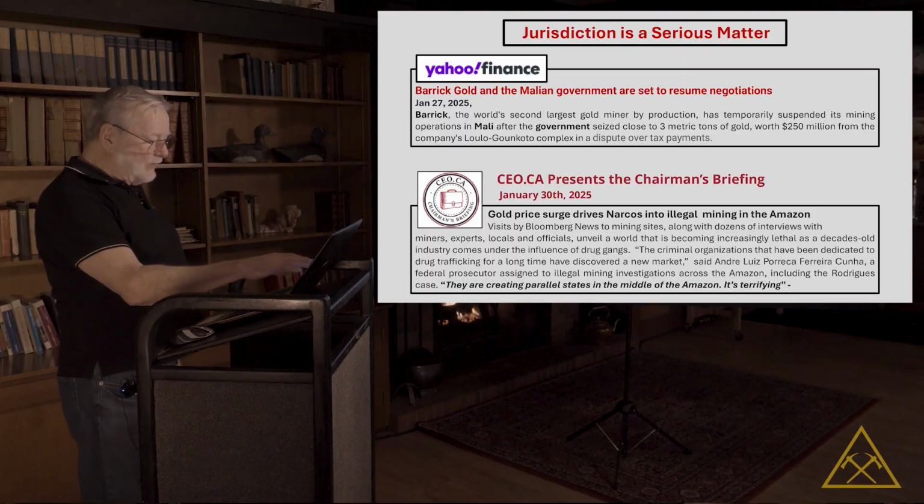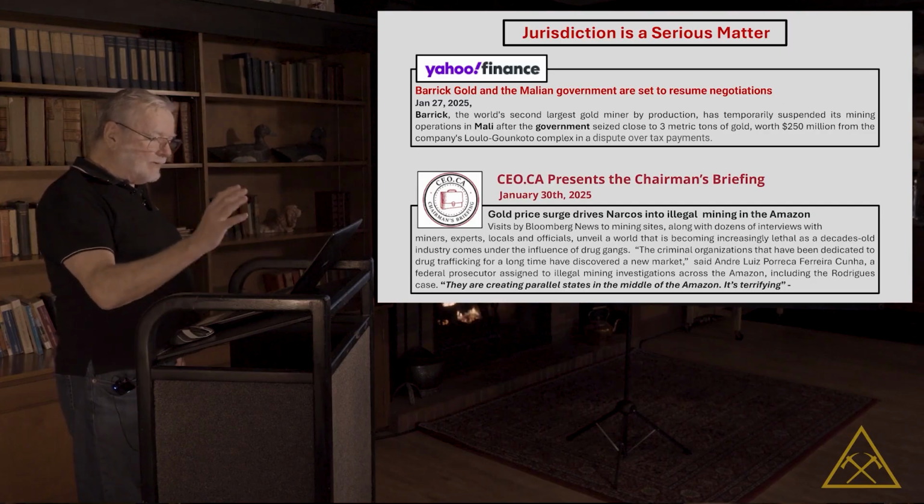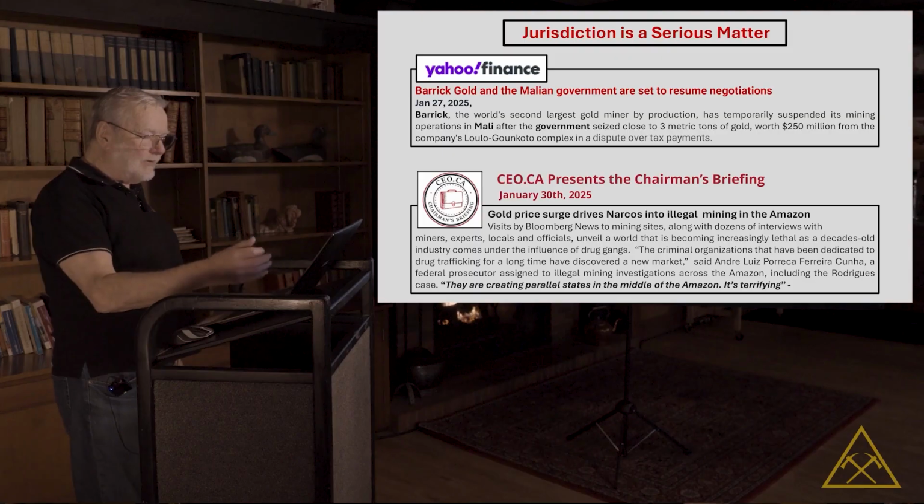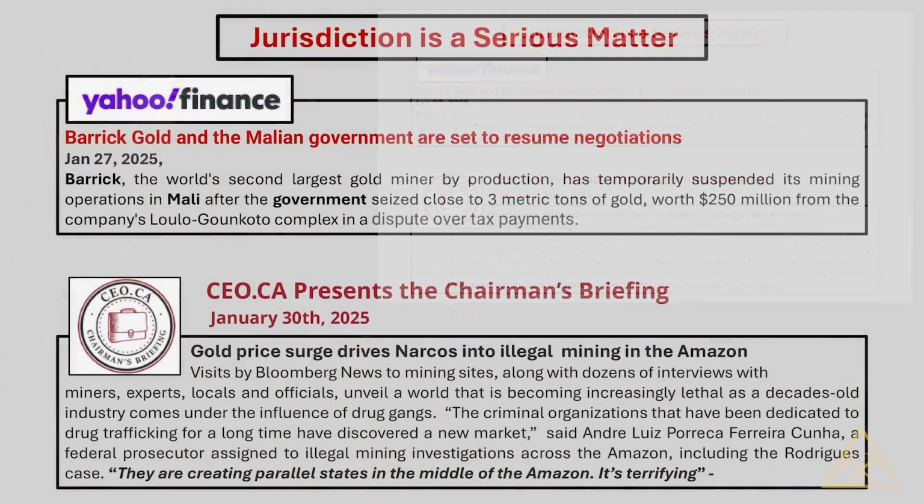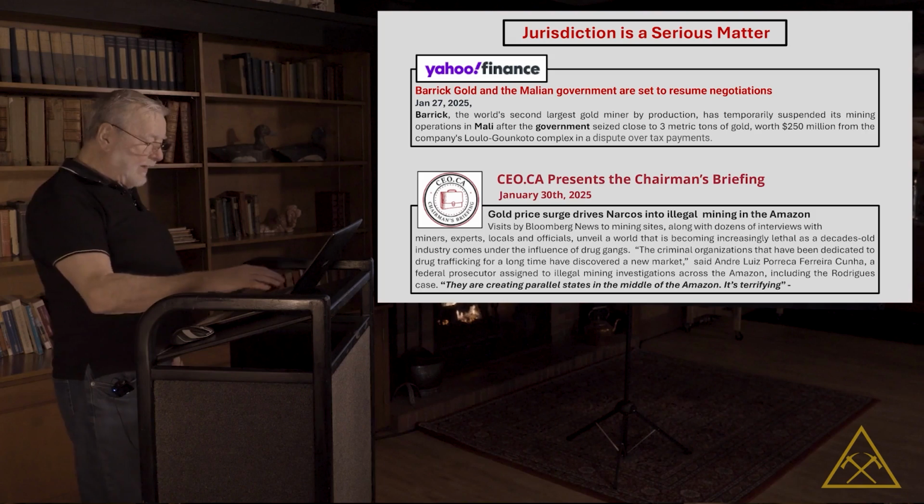On another situation, it just happens to be January 2025 again, CEO.ca, which is a website where people do a lot of talking and conversing, and they also publish some briefings. And the chairman's briefing stated gold price surge drives narcos, narcotic organizations in some of these third world countries, into illegal mining operations in the Amazon.